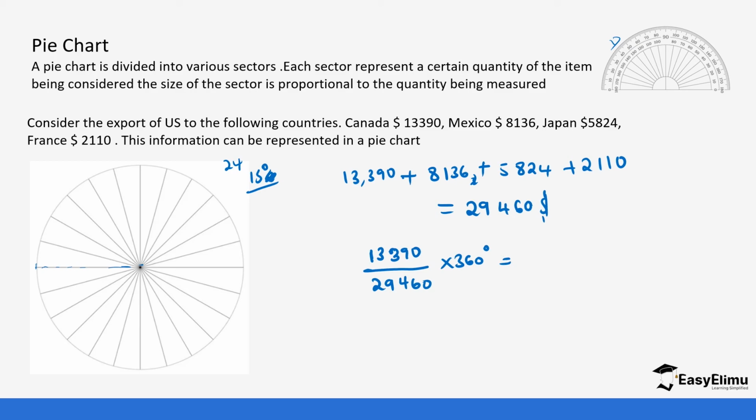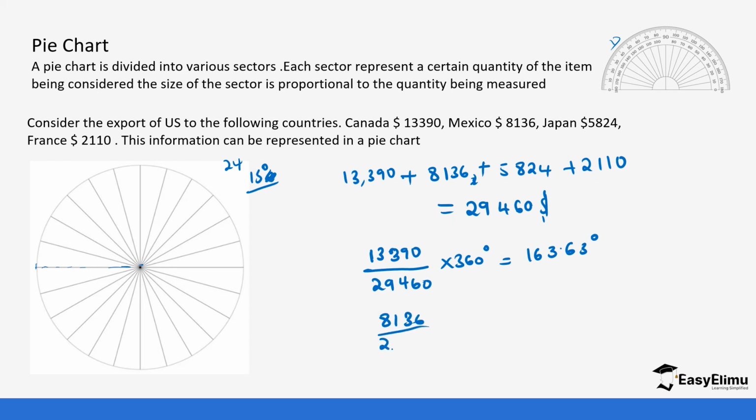So it's going to be 13,390 divided by 29,460, then times 360. So it's going to be 163.63 degrees.